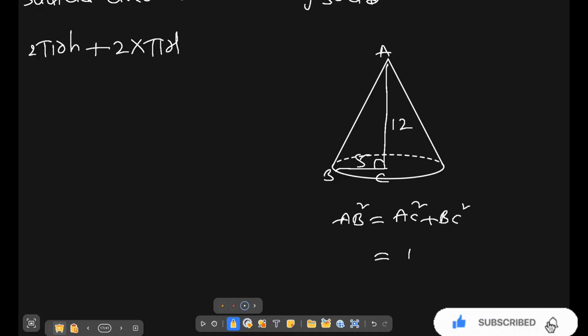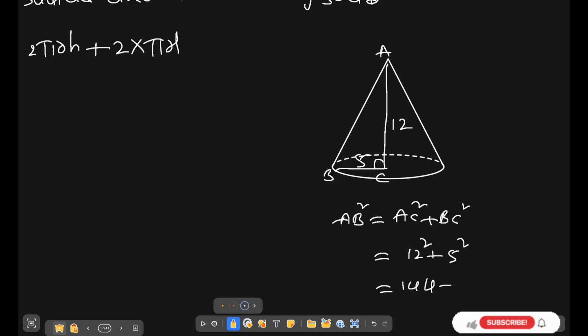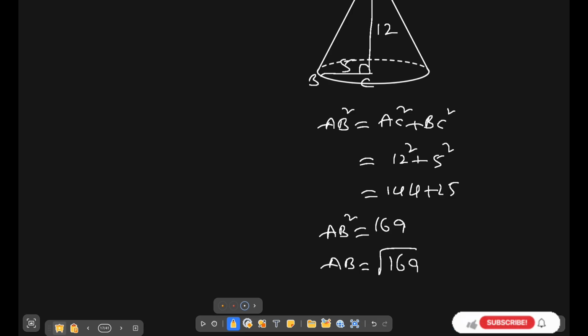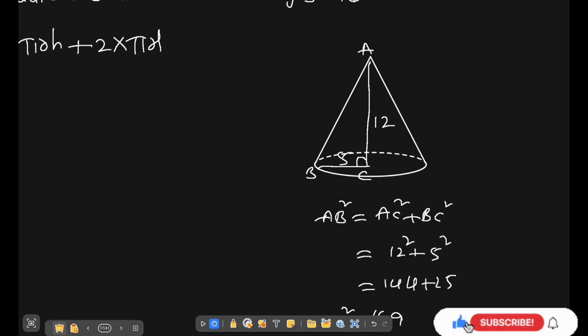AC is 12 and BC is 5. Now it is 144 plus 25. So AB square is 169. Now AB is equal to square root of 169, which is 13 centimeters. So the slant height is 13 centimeters.